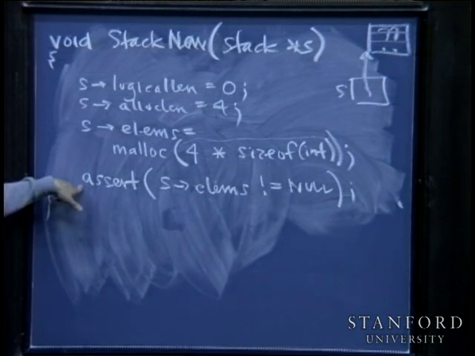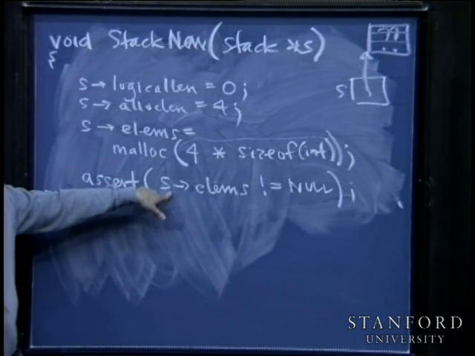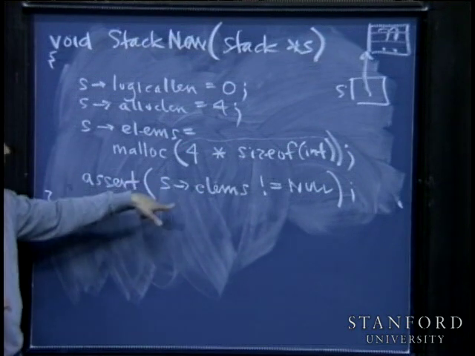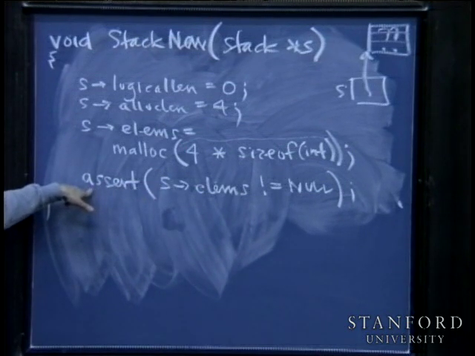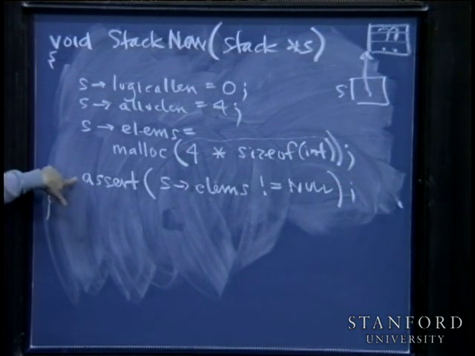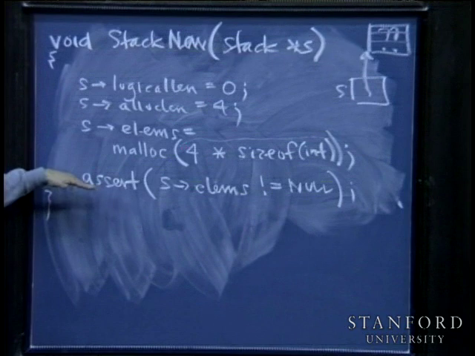It effectively becomes a no-op if this test is true. But if it's false, assert actually ends the program and tells you the file and line number of the assert that broke.